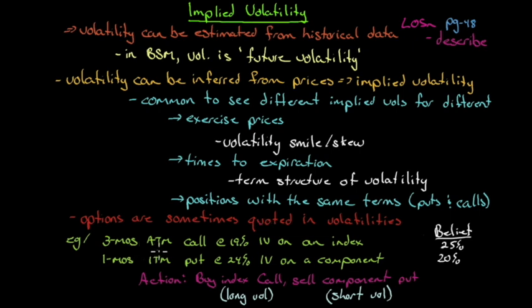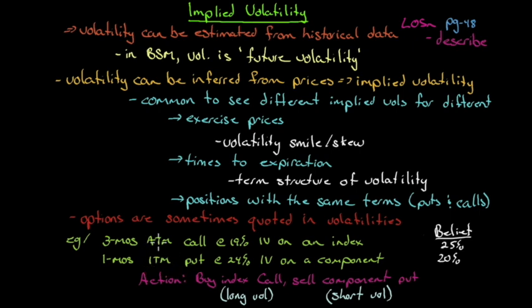So let's take a 3-month at-the-money call at 19% implied volatility on an index, and a 1-month in-the-money put at 24% implied volatility on a component of the index. How do you compare this? Never mind that we got implied volatility. Let's say that we didn't, and you saw the price of a 3-month at-the-money call and the price of a 1-month in-the-money put.